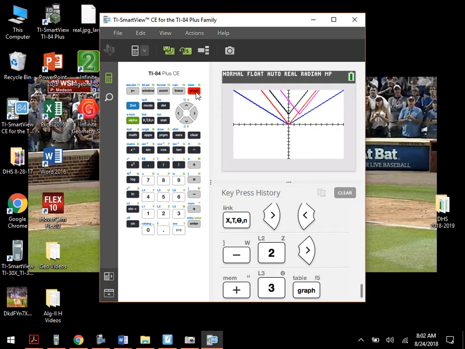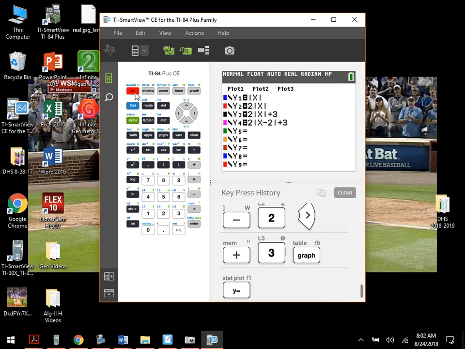Now, can you have an absolute value graph that goes downward? Oh, take a guess. Now, where do you put the negative? Perfect. Watch this. Go back to here, go down again.